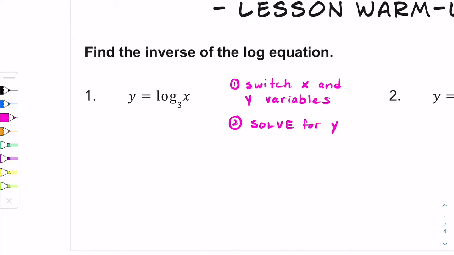Starting with number 1, y is equal to log base 3 of x. I'm going to replace y with x. That means x is equal to log base 3 of y. In order to solve for y, with a log function, the only thing that you can do is convert to exponential form.